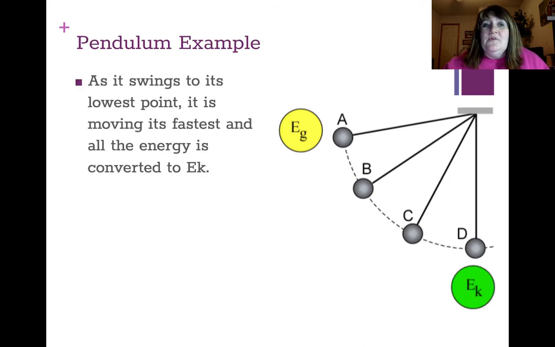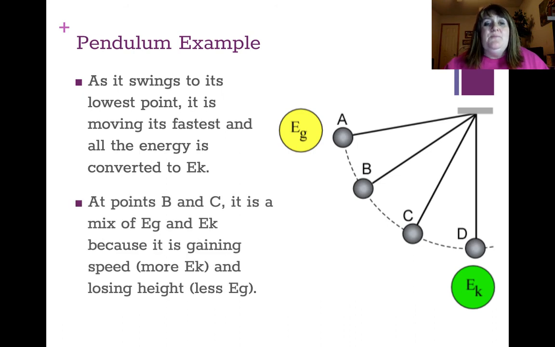Same example, as it swings to its lowest point, it's moving fastest, and all the energy from A, that was EG, is converted into EK because it's going the fastest at D. At points B and C, though, it's going to be a mix of EG and EK because it's gaining speed and losing height.